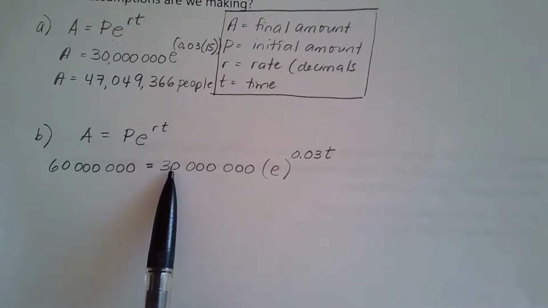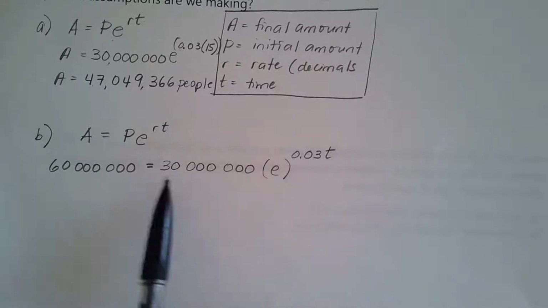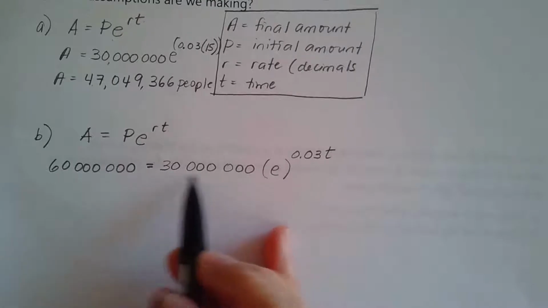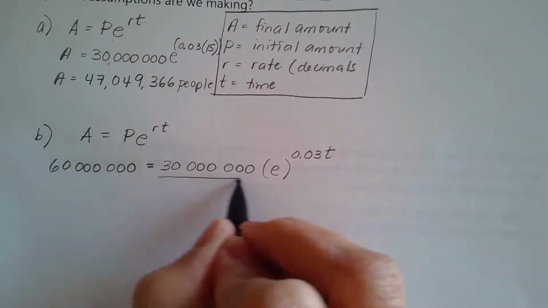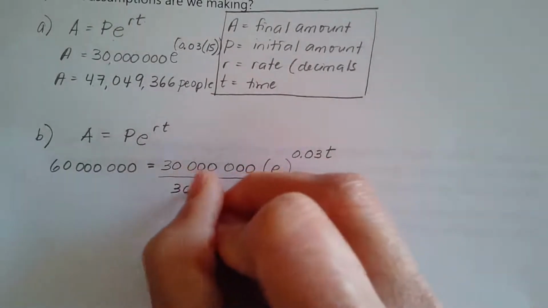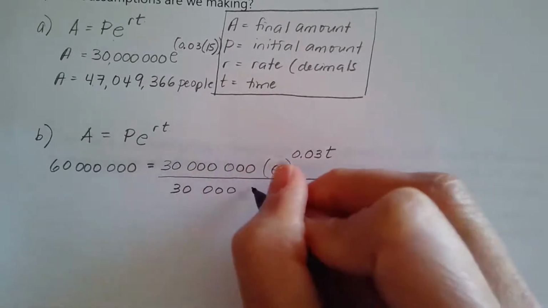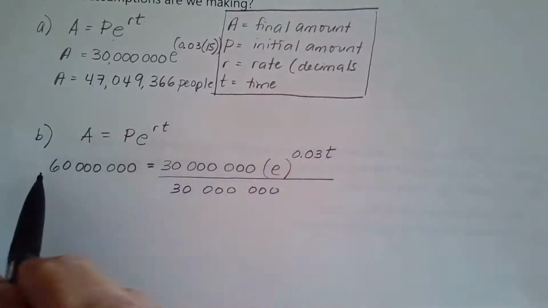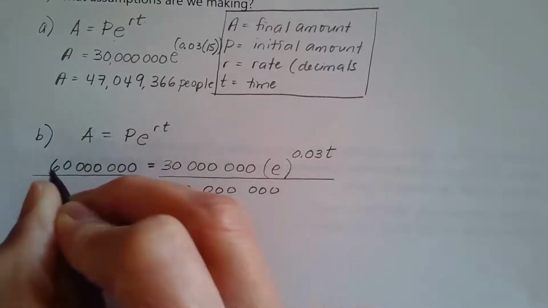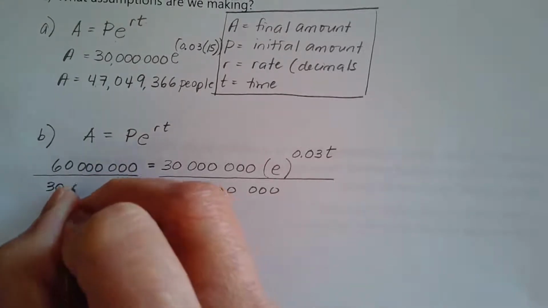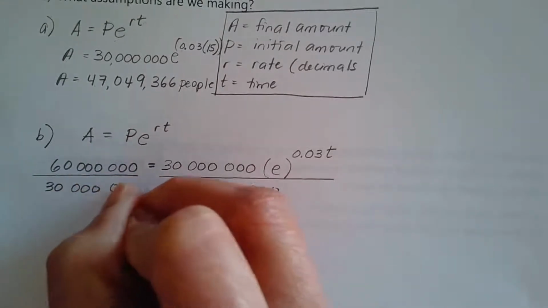Now, because this is 30 million times all of these is equal to 60 million, what we can do is divide by 30 million. If we do that on one side, we have to balance it out and do it on the other side.